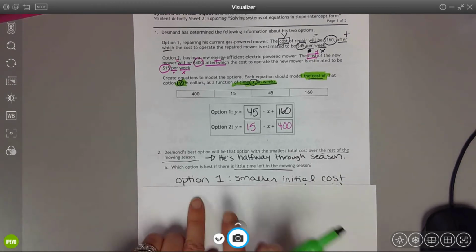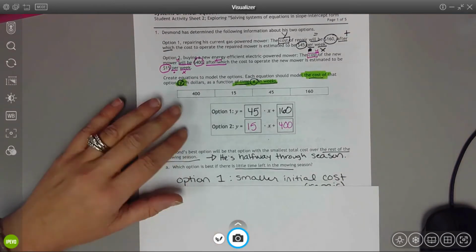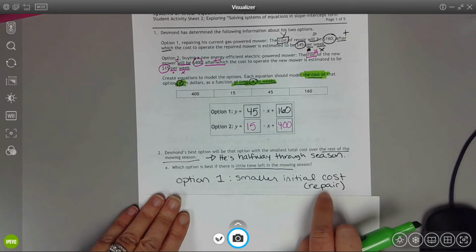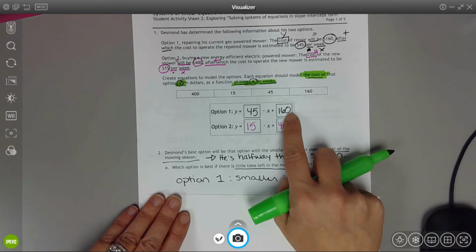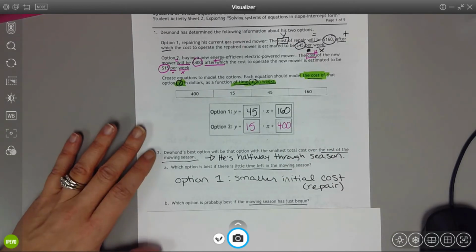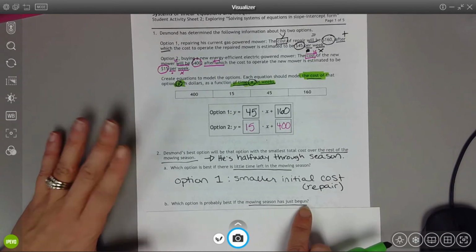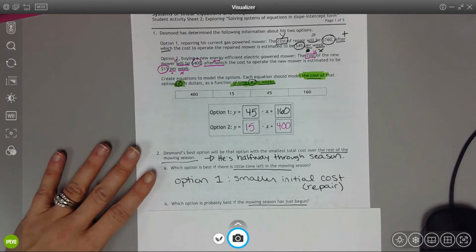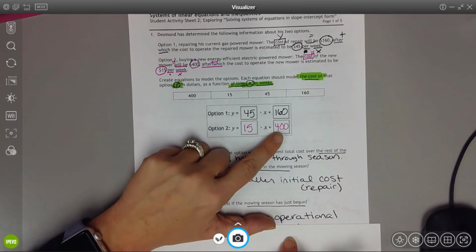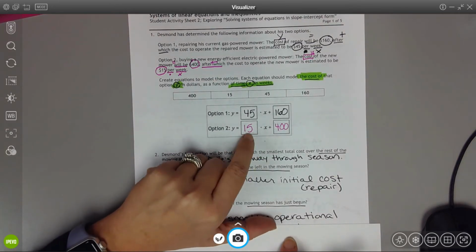Option one has the smaller initial cost, that would be the repair, only $160. Which is the best option if mowing season has just begun, like he's 1 week in? That would be option two. While there's a greater initial cost, it's going to cost less to maintain that mower.